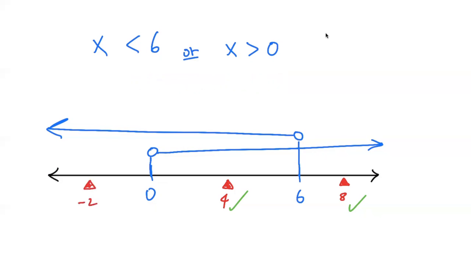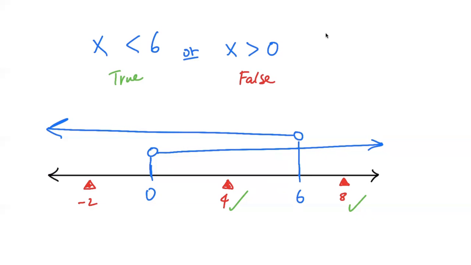What about say -2? Would -2 work? Is -2 less than 6? Yes, that's true, the condition is met. Is -2 bigger than 0? No, of course not. But do we need to meet both conditions? No, we don't, just one of these two.